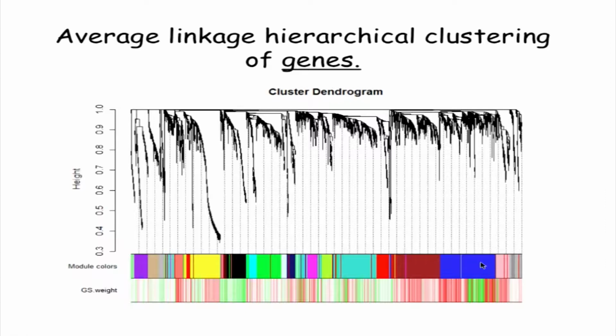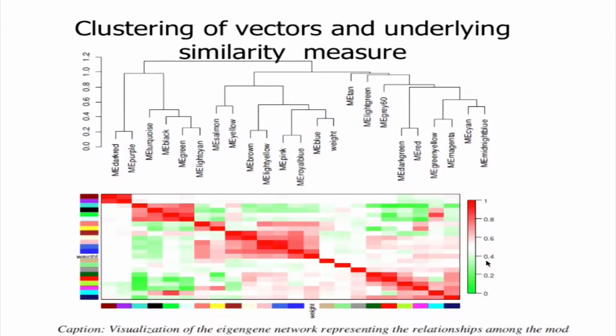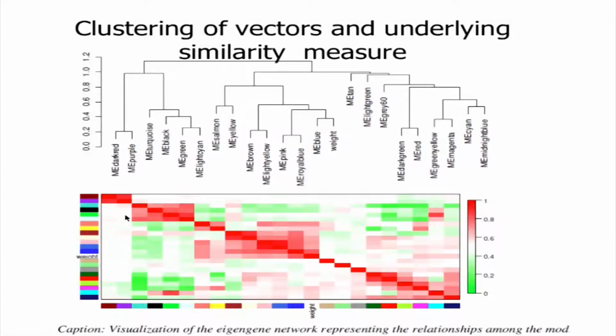You can also cluster vectors. So these are different vectors, and the distances between these clusters reflect 1 minus the correlation of these. So I will show you how to create this plot. What is noteworthy is that this is a hierarchical cluster tree, but right underneath it, I visualize the underlying dissimilarity measure. Remember, the input of hierarchical clustering is a dissimilarity, and here I visualize it, where red indicates they are very close to each other.